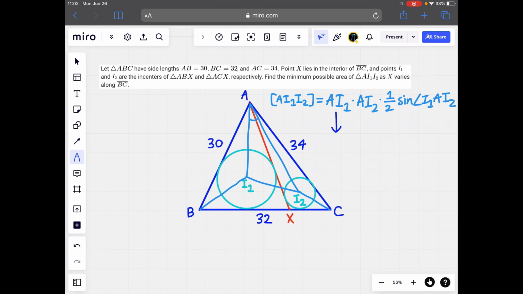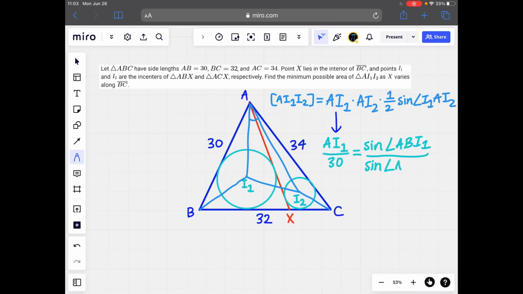By the law of sines, using triangle AI1B, AI1 over 30 is equal to the sine of the angle opposite AI1, which is ABI1, over the sine of the angle opposite AB, which is 30.